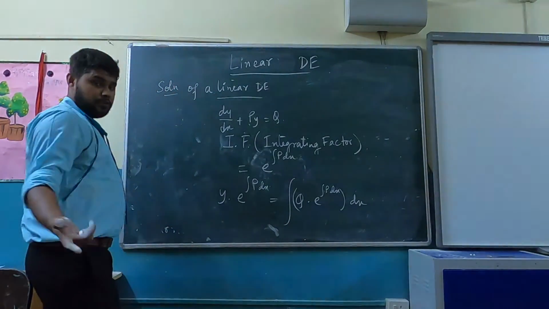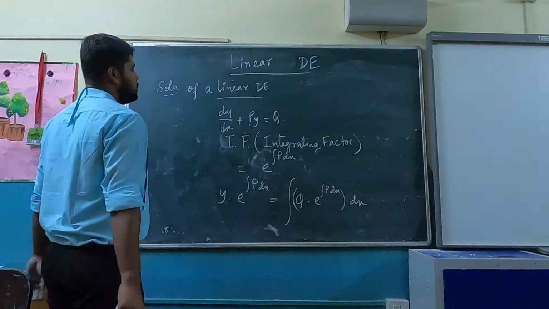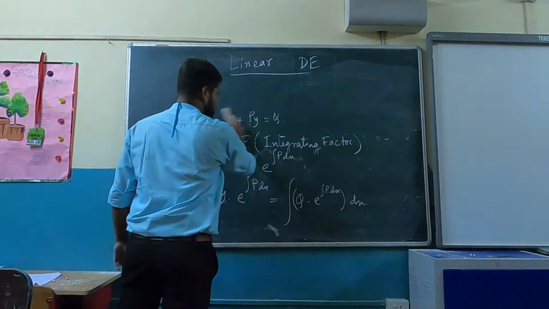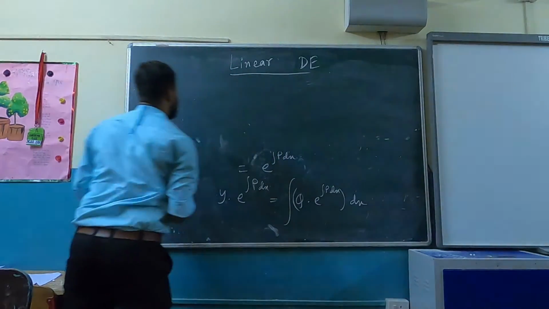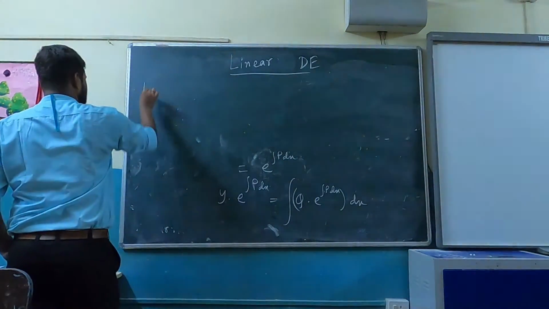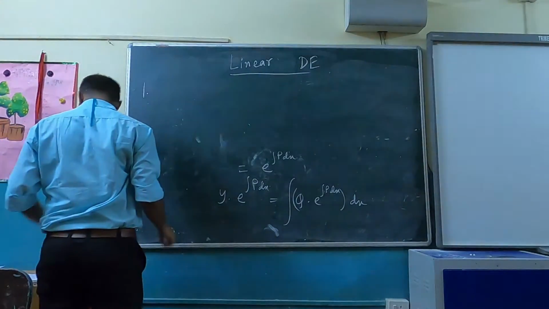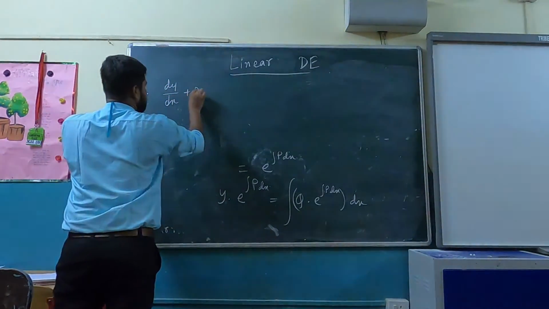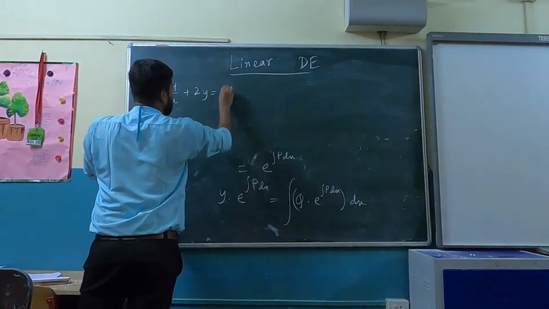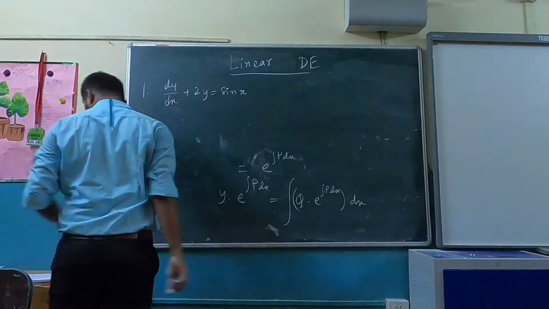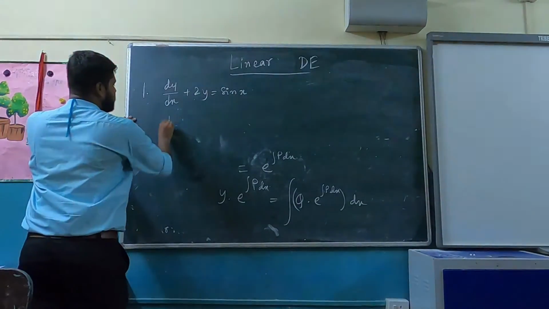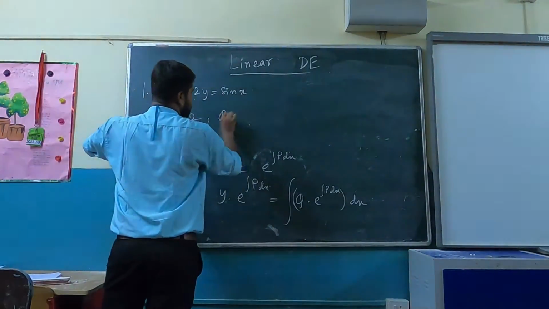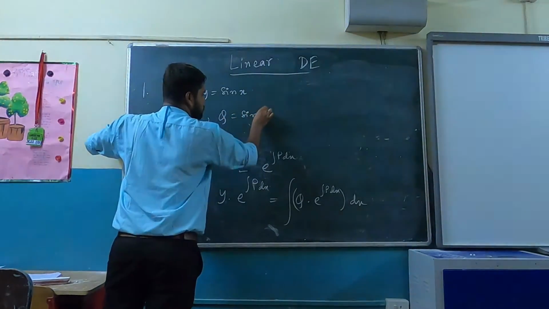Okay. So let us solve few problems. Let us take the first one. So here P is equals to 2, Q is equals to 6.